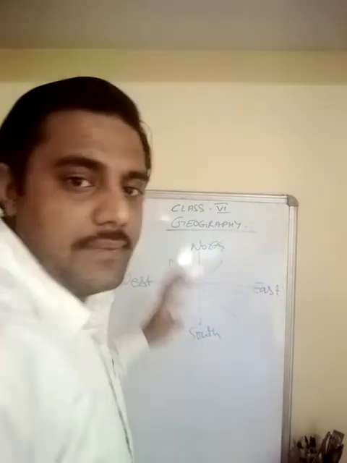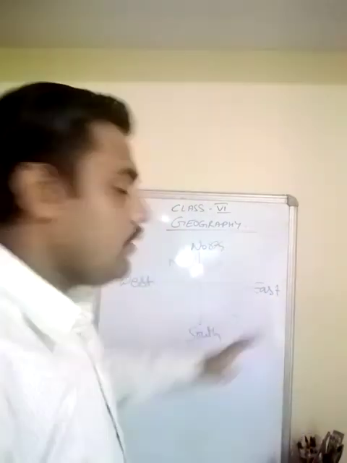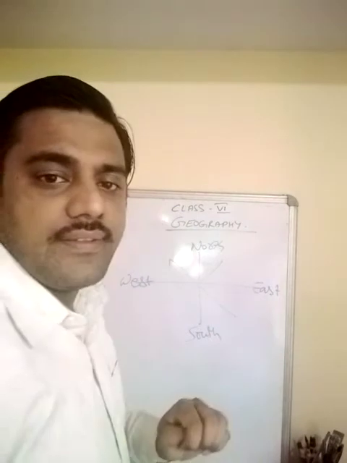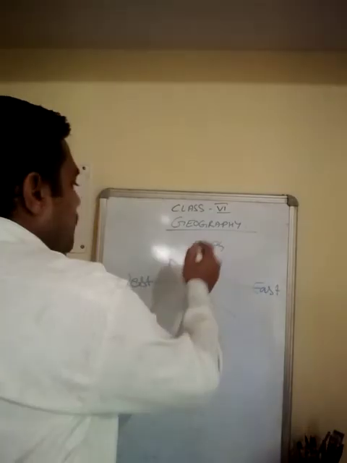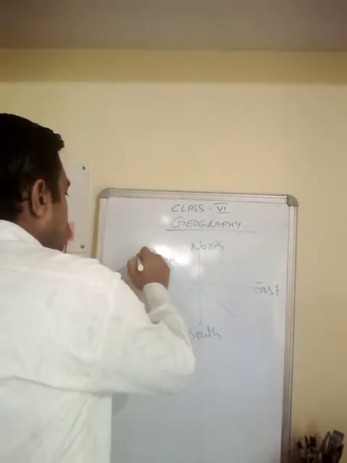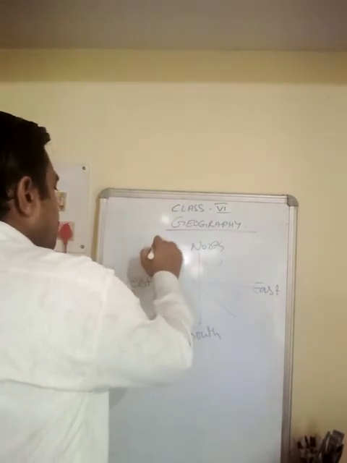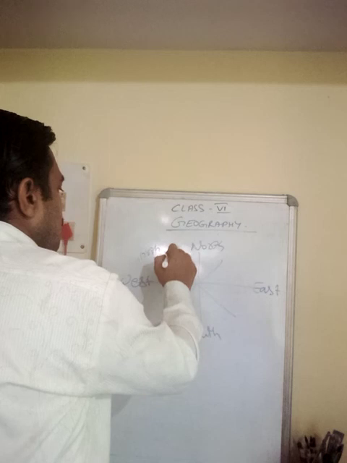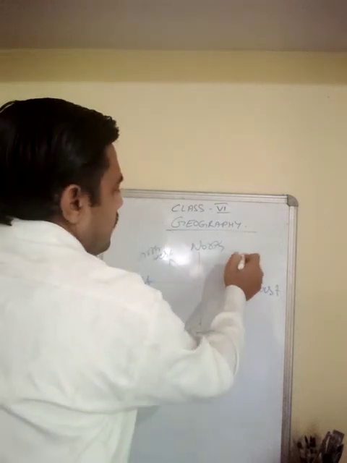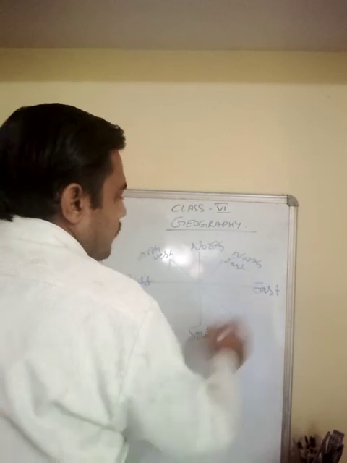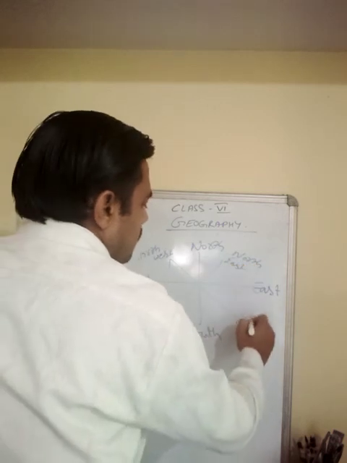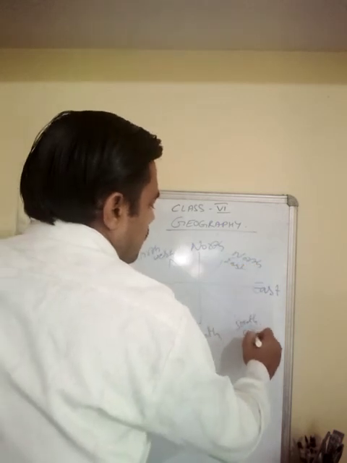Now once this has been covered, these are your cardinal directions. Once these are covered, the intermediate directions are very easy. Between north and west, northwest. Between north and east, northeast. Between south and east, southeast.